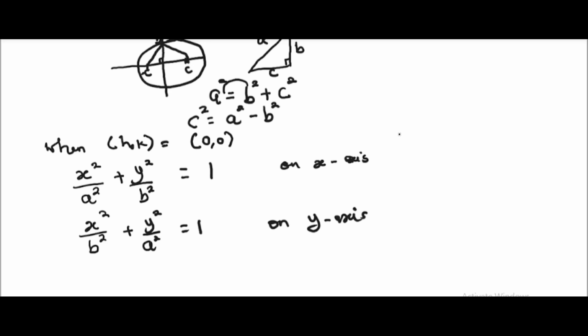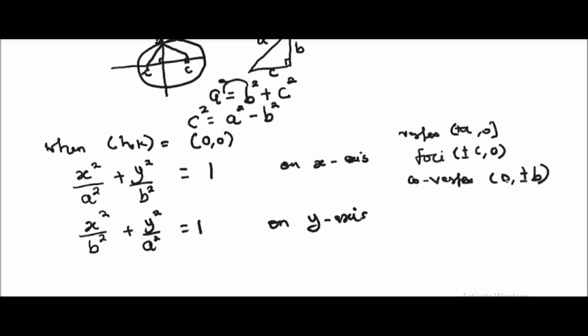In this case, our vertices, just like we've explained, become plus or minus a comma 0, while our foci become plus or minus c comma 0. These are the things we've established from the diagram. Then the co-vertices are 0 comma plus or minus b.